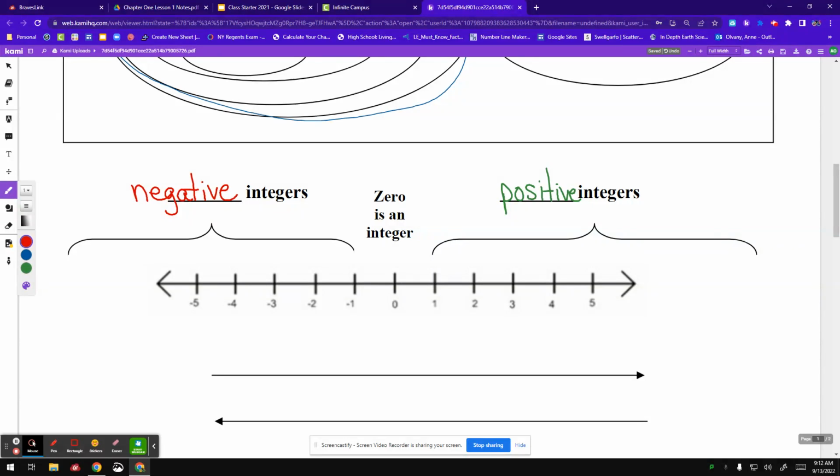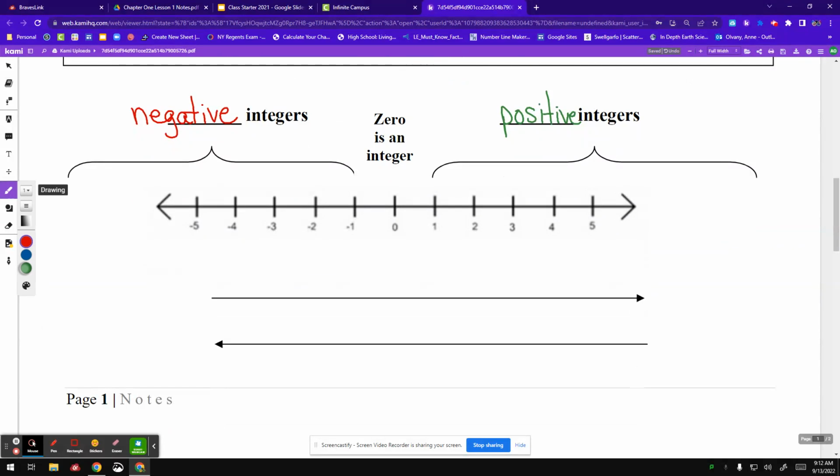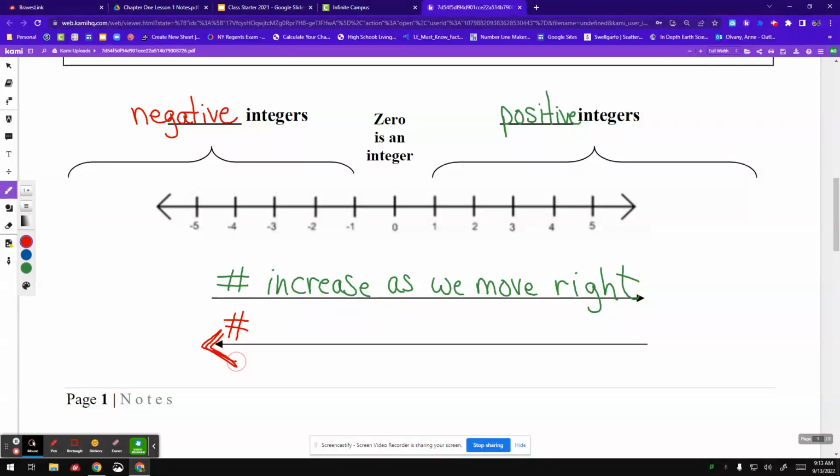Makes sense, right? So as we move on the number line, numbers increase as we move right. So as we move to the right towards the hallway, the numbers get bigger and numbers decrease. See this arrow here?